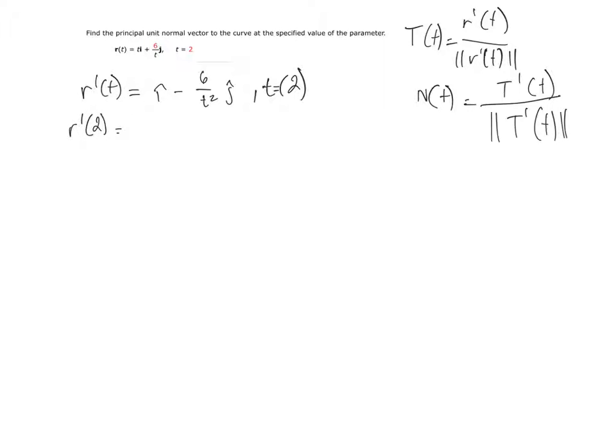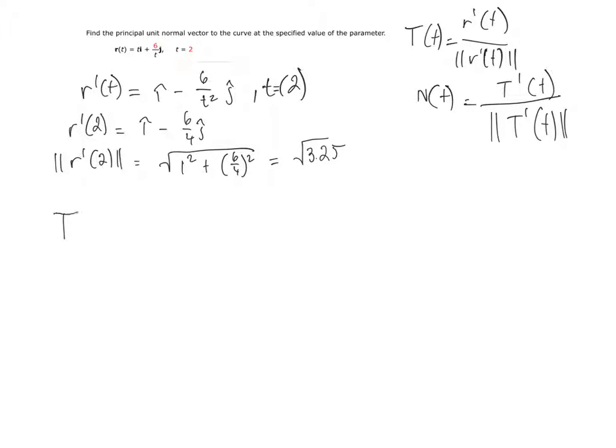You should get i minus 6 over 4 j. Now you can find the magnitude of r prime of 2. You should get the square root of 1 squared plus 6 over 4 squared. You get root 3.25.